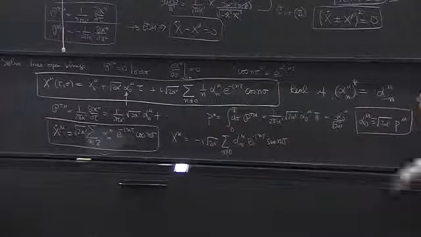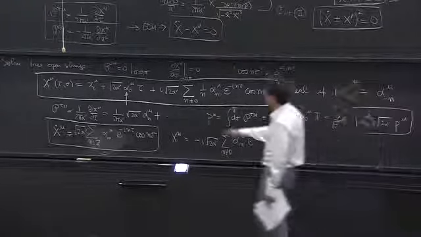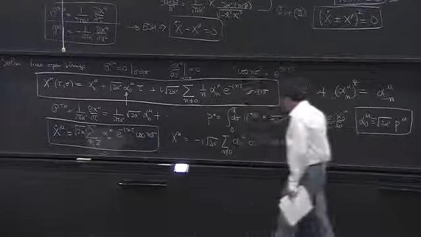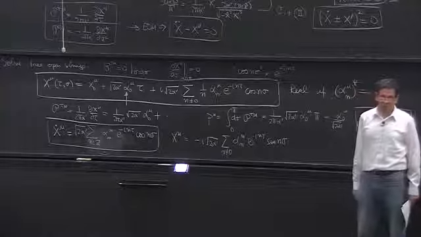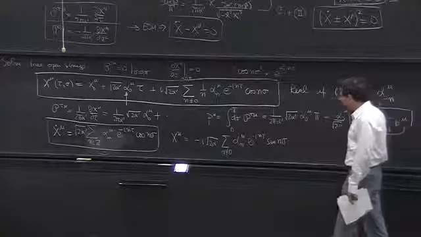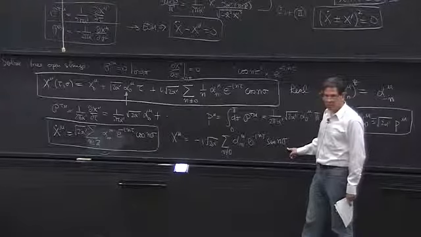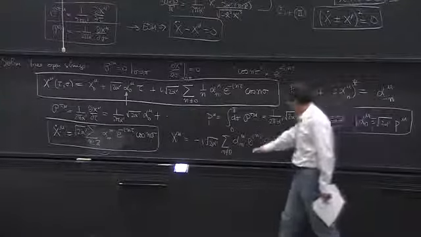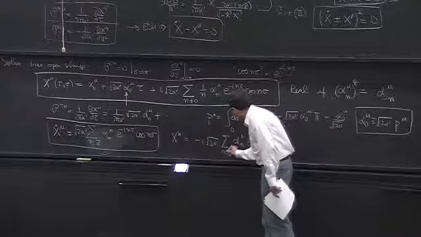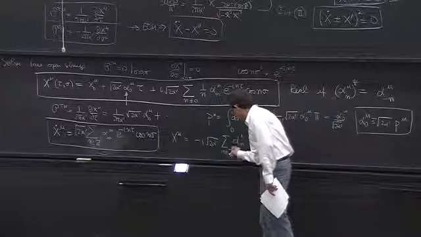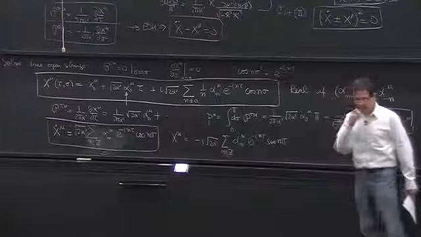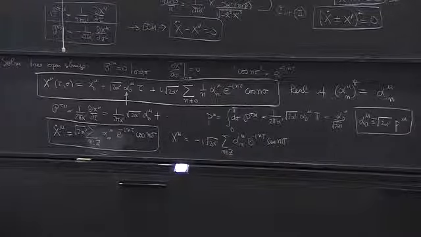Okay, that's it. There's no 0 term here because there's no sigma. But life is easy now. If n is equal to 0, this vanishes. So might as well sum over all integers again. Now it's all good.